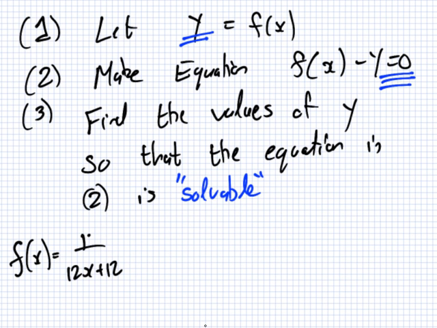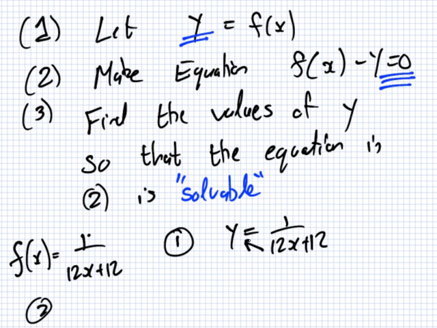So, what is step 1? You make y equal to the function. So step 1, you make y equal to 1 over 12x plus 12. Step 2, you try to make it equal to 0. So I think I should divide or multiply across. So I get y times (12x plus 12) equals 1. And then what should I do next?